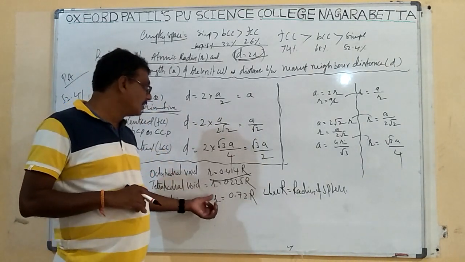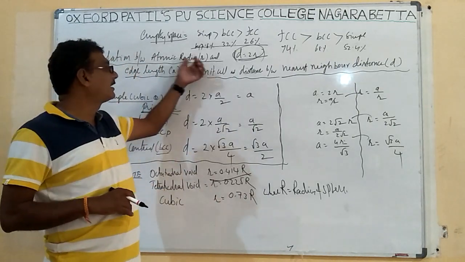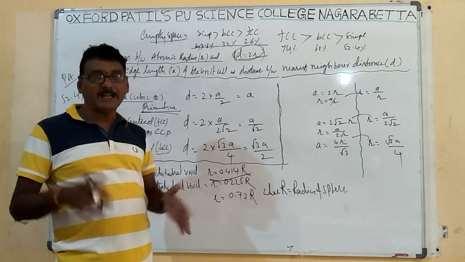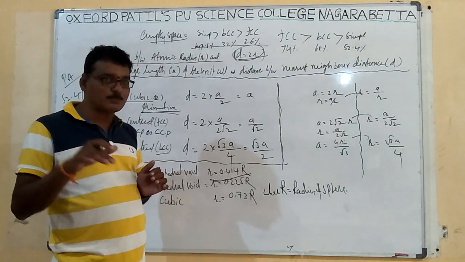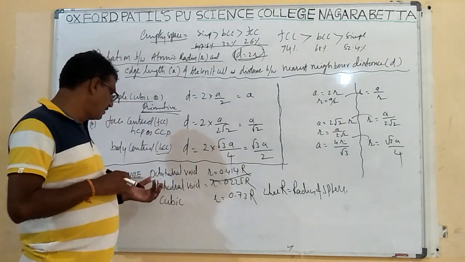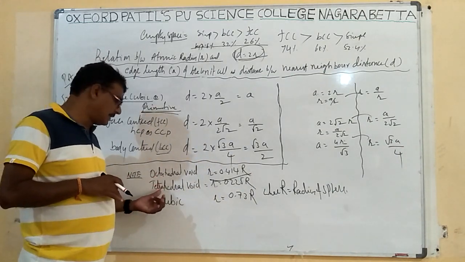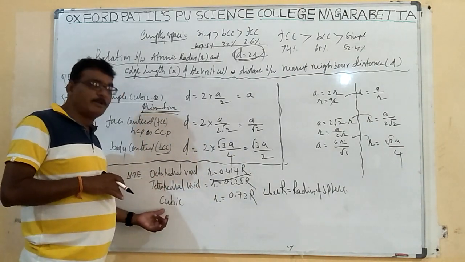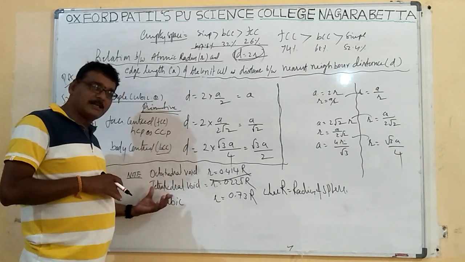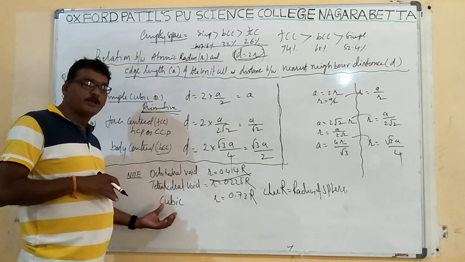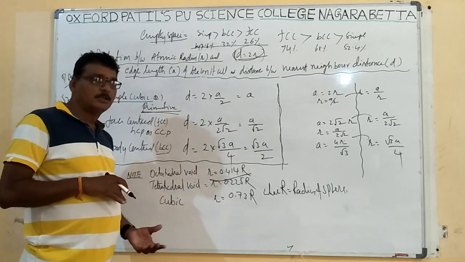Once you know the radius, the atomic radius small r can be predicted using the formulas. Once you know the radius of the sphere, we can predict the octahedral void radius, tetrahedral void radius, and cubic void radius.